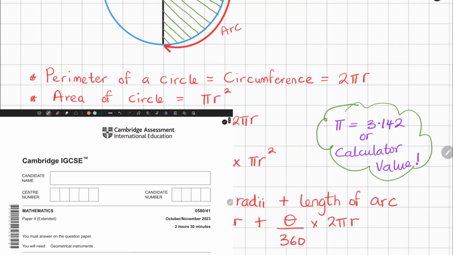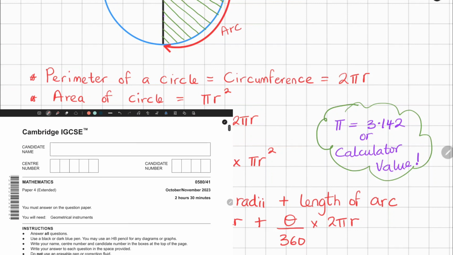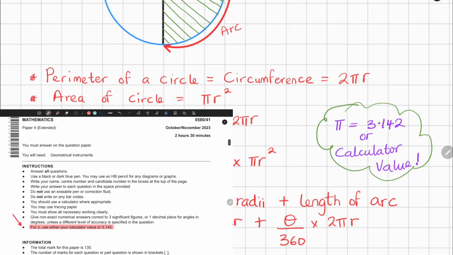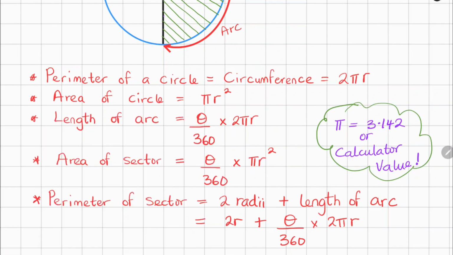This is usually clearly stated on the front cover of the question paper. So for your pi, if you want to approximate, you just use 3.142. Better still, just use your calculator value. Please note, this is critically important. The only acceptable pi is either 3.142 or your calculator value.